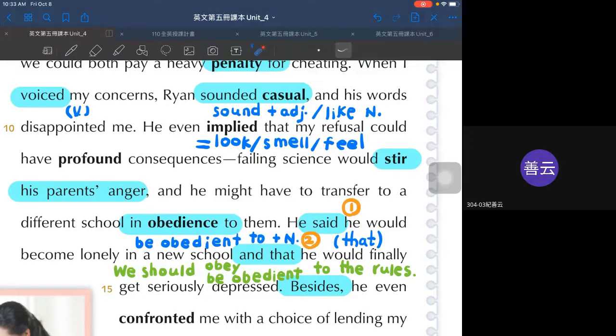He said that he would become lonely in a new school and that he would finally get seriously depressed. So here he mentioned 2 things. The first thing will be he will become lonely in a new school, and the second thing will be he will finally get seriously depressed.